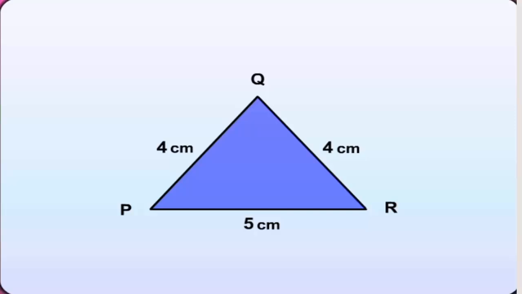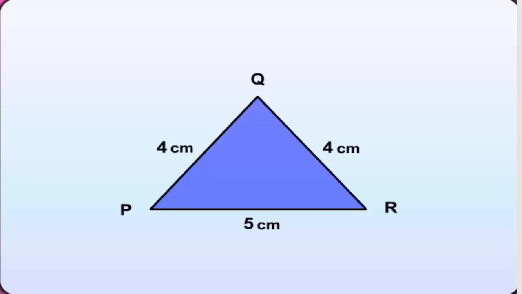Here, the two sides of the triangle PQR are 4 centimeters long, and one side of the triangle PQR is 5 centimeters long.